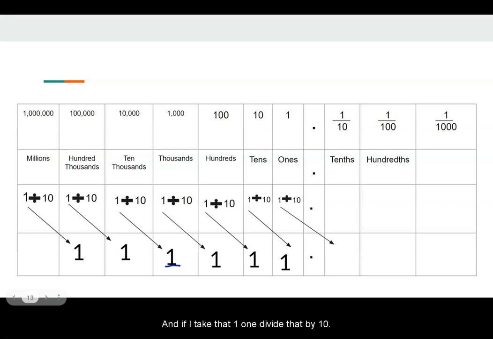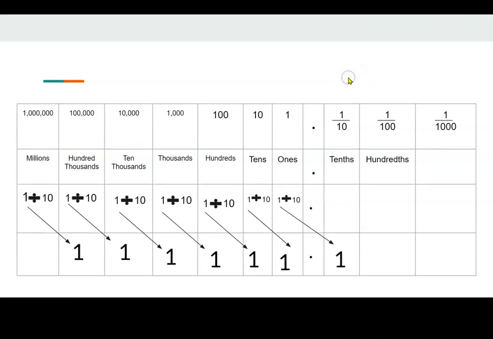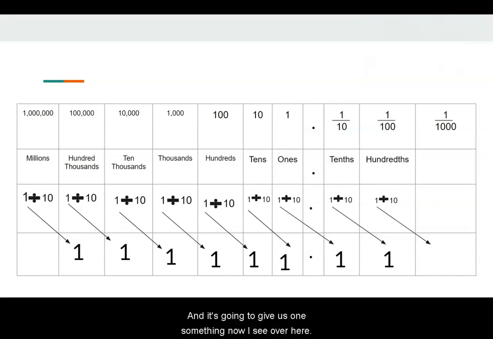And now if I take that 1 and divide that by 10, that's going to give me something called tenths. How many tenths do you think it's going to give us? That's right, it's going to give us 1/10. So if we take that 1/10, divide that by 10, that's going to give us 1/100. Now I can take that hundredth, divide it by 10, and it's going to give us something.